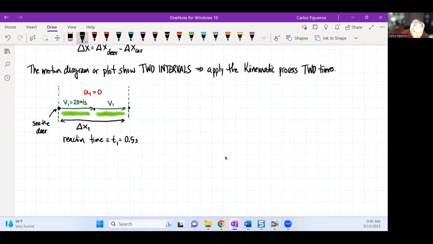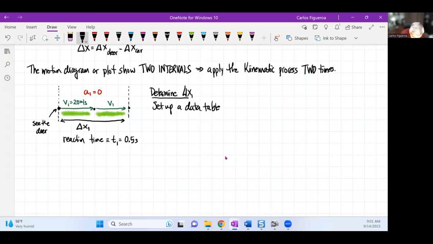So here I go. Now I'm going to determine delta x1 first. So I set up a data table.